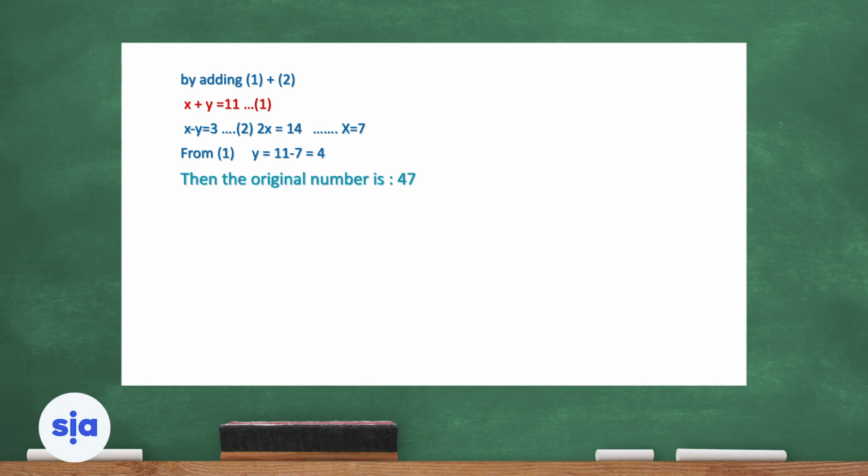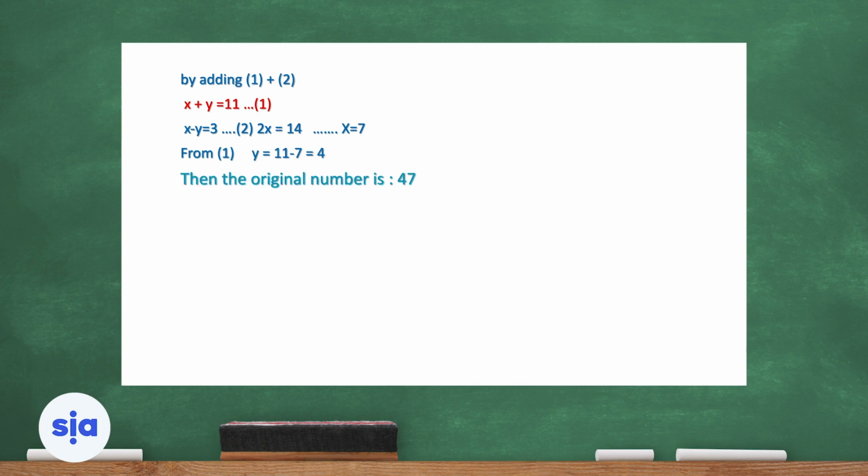So we have negative 10t plus t minus 10t plus t, then negative 18t equals negative 72. So t is equal to 4.